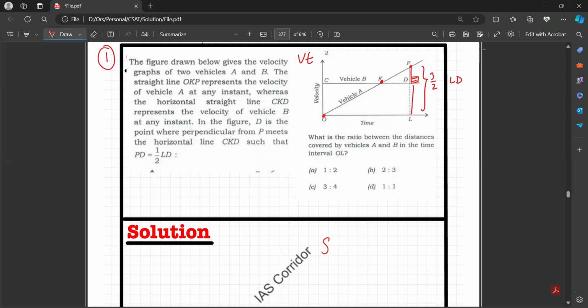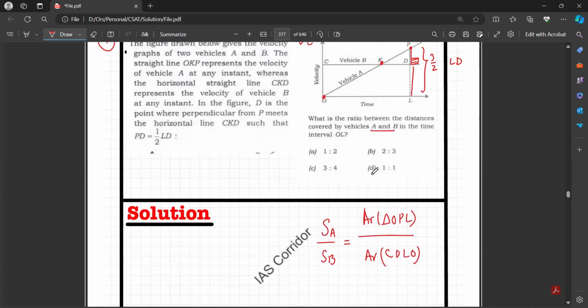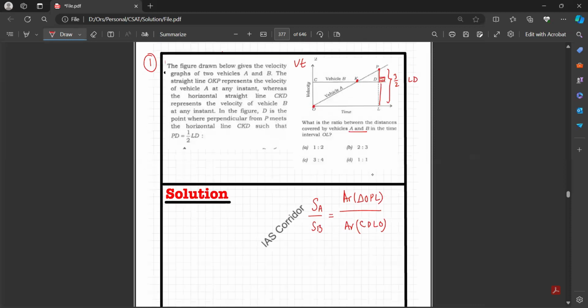So distance traveled by A is to distance traveled by B is A by B. That will be equal to the area under the A graph, that is the area of the triangle OPL, and the area of the rectangle, that is CDLO. Got it? Now, what is the area of the triangle OPL? Area of the triangle OPL becomes half times of OL into 3 by 2 times of LD.